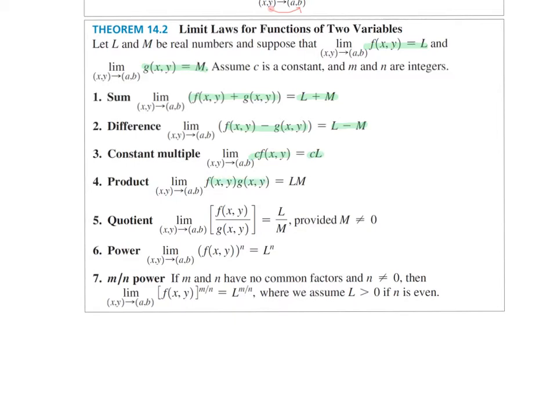Multiplying 2 functions, multiply their limits. Dividing 2 functions, divide their limits, provided the denominator is not equal to 0. Power function, you can take the limit and raise it to the nth power. And you can do that with not just the nth power, you could do that for any rational power. The limit is just going to be the limit raised to the m over n power.